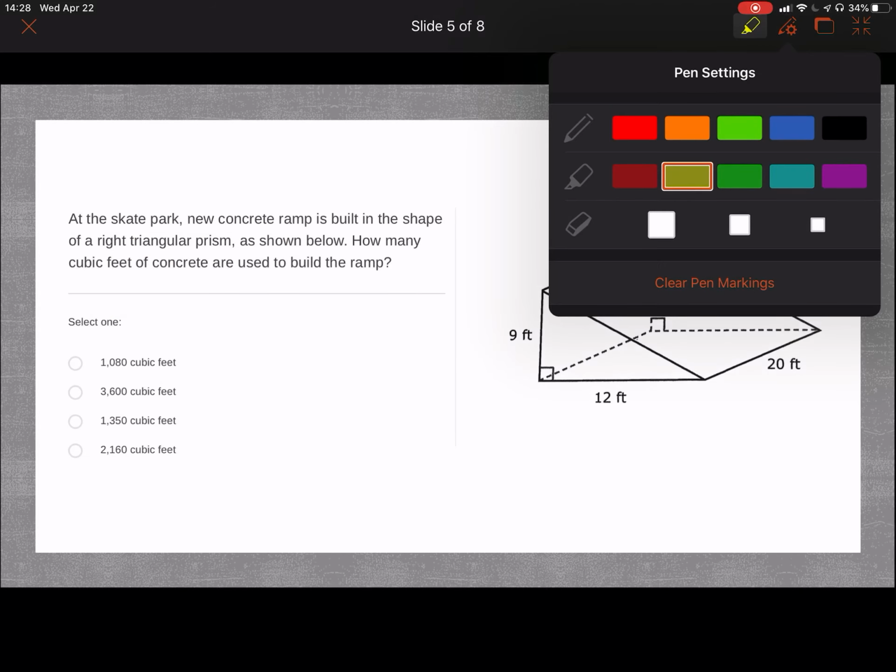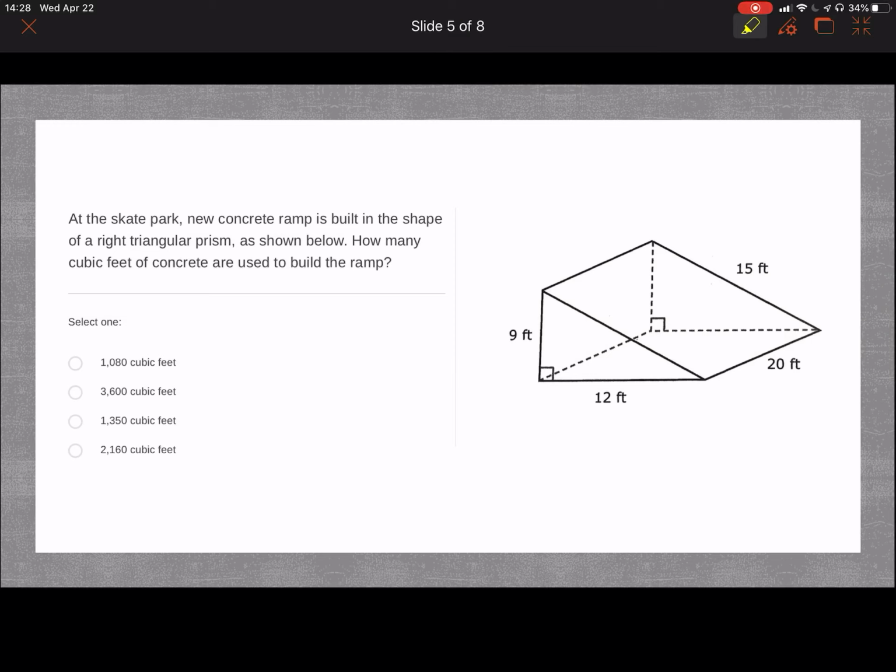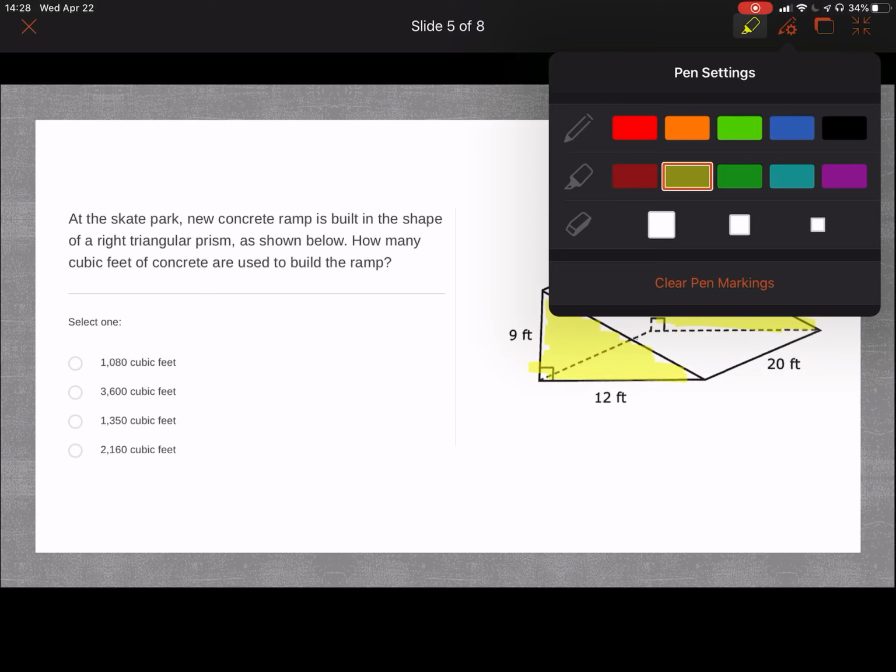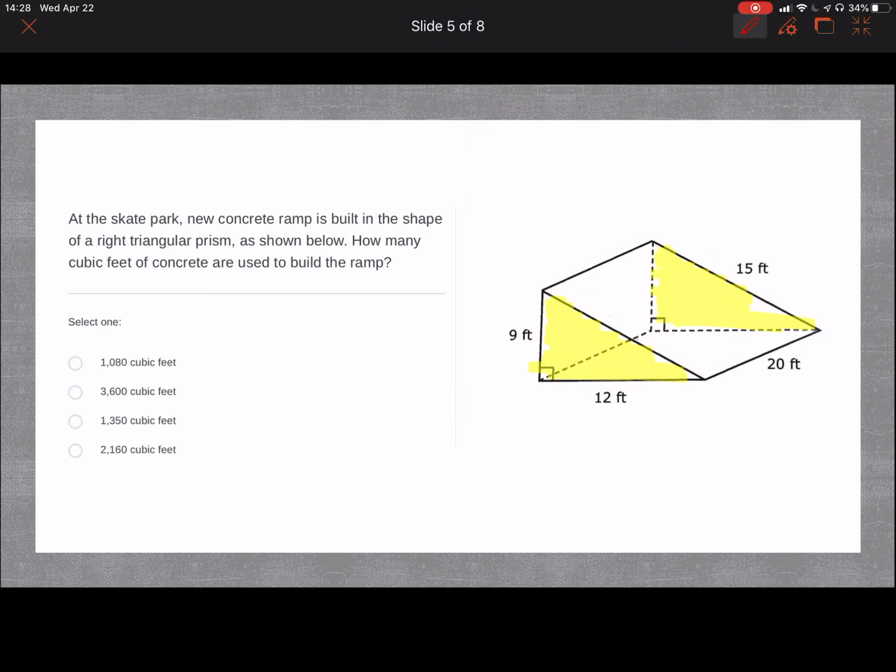Okay, so our first problem here, the first thing I do is note and highlight if I can, or shade in somehow the shape that is my base. That way I am aware of what shape I am dealing with and what formulas I need to use.